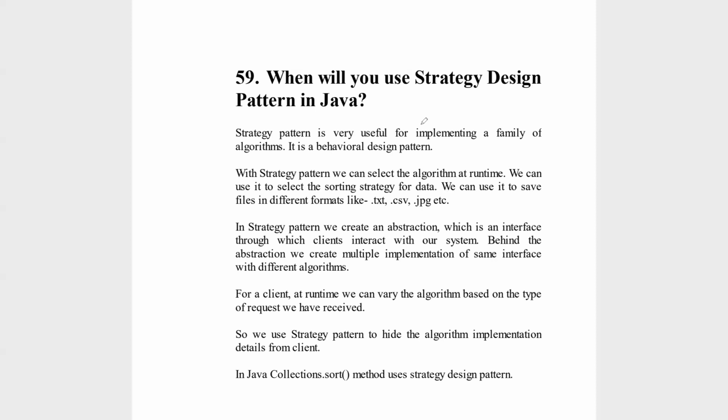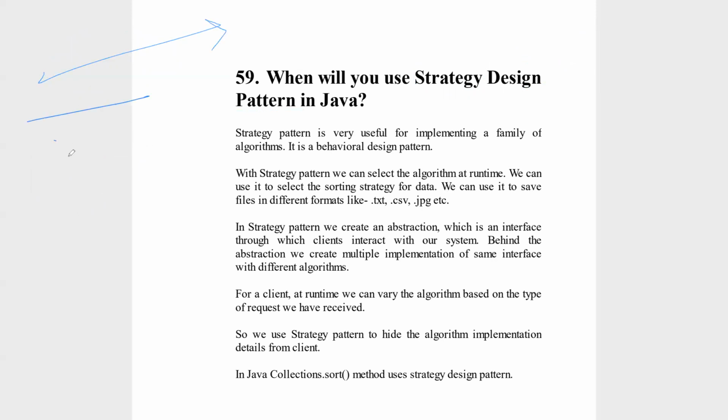So let's start with the strategy design pattern. What can I derive from the name? You can derive a strategy, and there can be multiple strategies. If there is one strategy, it's not called a strategy, it's called a path that you will follow.